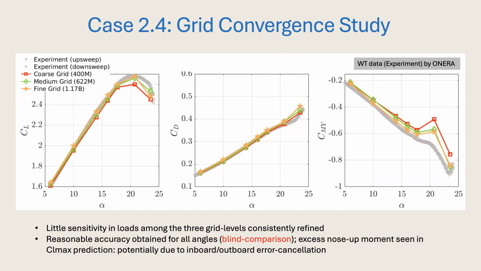So the coarse grid is suffering quite a bit. So the outcome from the entire TFG is that at least you need like 500, 600 million grid points to get a reasonable CL max and pitch break. And as you see, like green and orange, the difference is not much for engineering purposes.